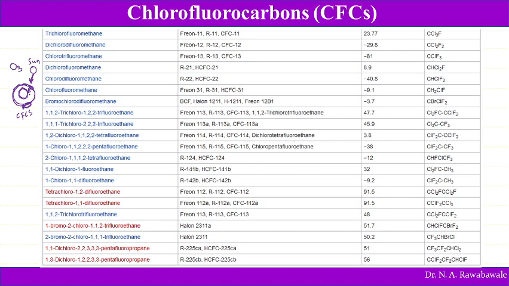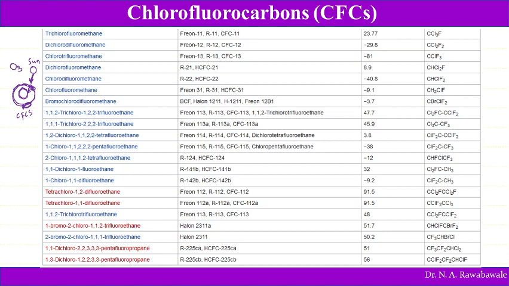The first time, in 1983 or 85, British scientists found that there is a hole in the ozone layer in the Antarctica region. Many people are suffering from this ultraviolet radiation.